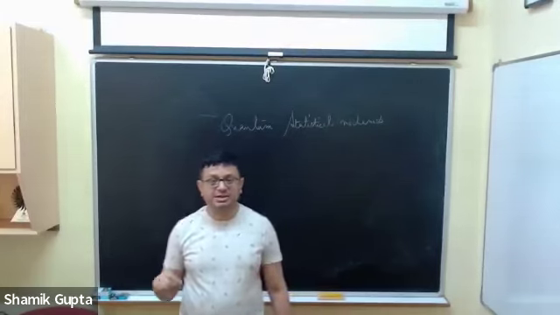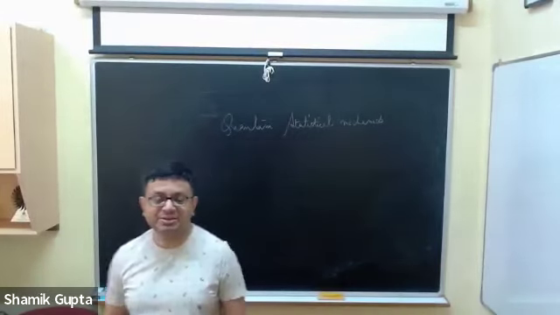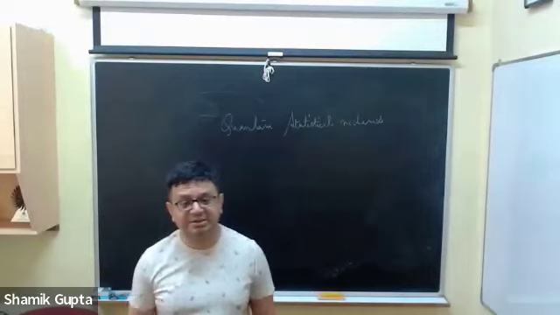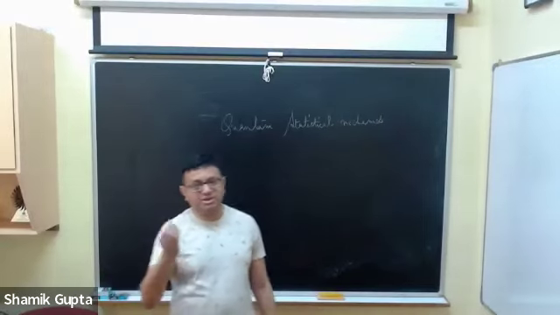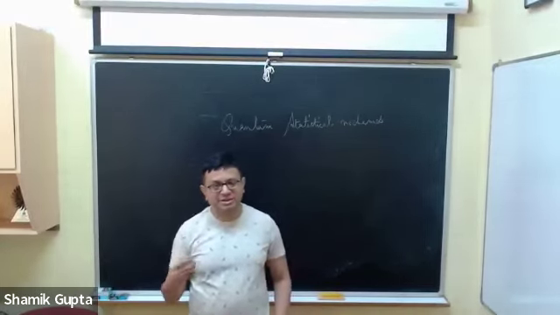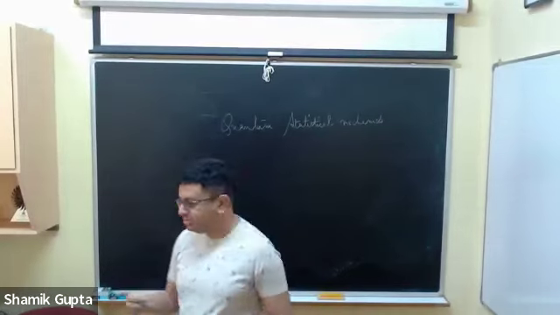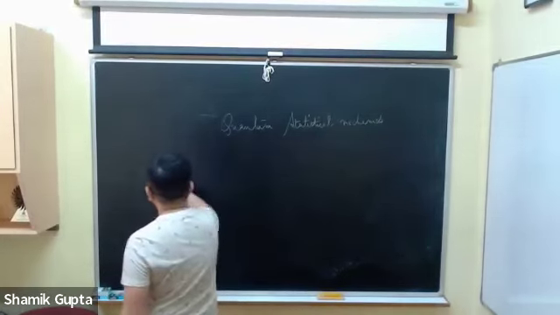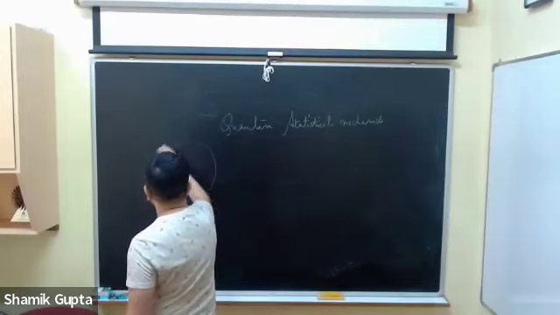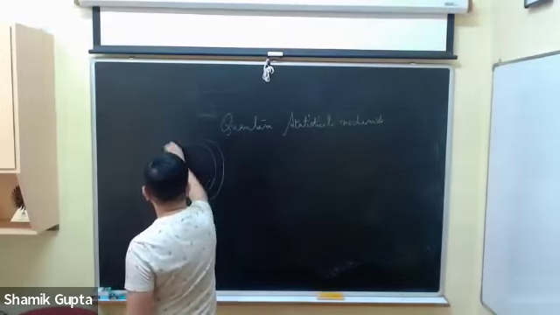You may get an incorrect answer in one case and a correct answer in the other, but the chalk is a chalk. Nothing happens to the chalk. So in the same way, we start with an isolated system.